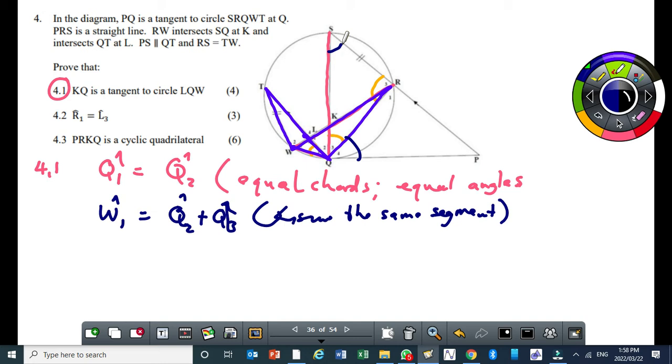Angle T. This whole angle here is equal to, there is no name for this. I think it's R2, right? Okay. That's R2. Okay. So let me write here and say angle T is equal to R2. Then my reason will be angles in the same segment.